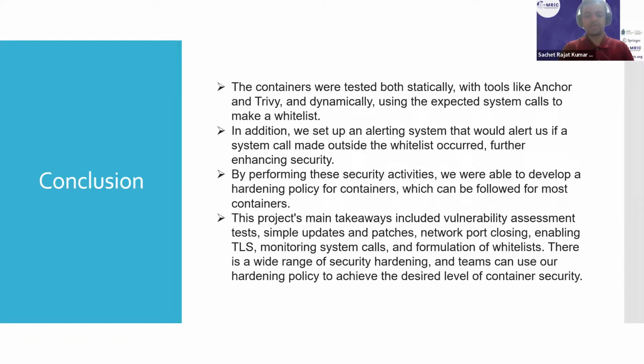So make sure that you just allow those system calls to execute, those programs to execute, because that's what you have seen, that's what you know. You don't know the other side. So blacklisting is usually not preferred. And there's a wide range of security hardening, and teams can use the hardening policy that we have developed to achieve the desired level of security for their containers.